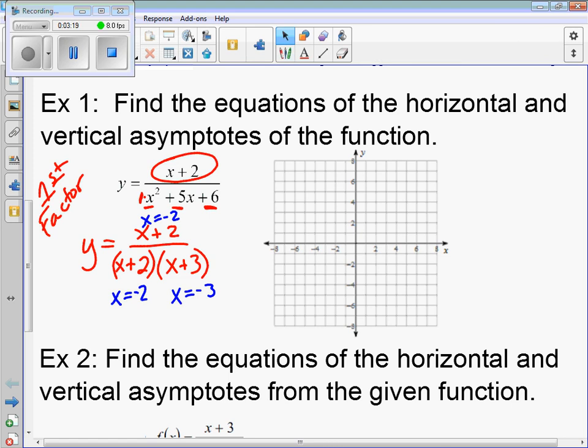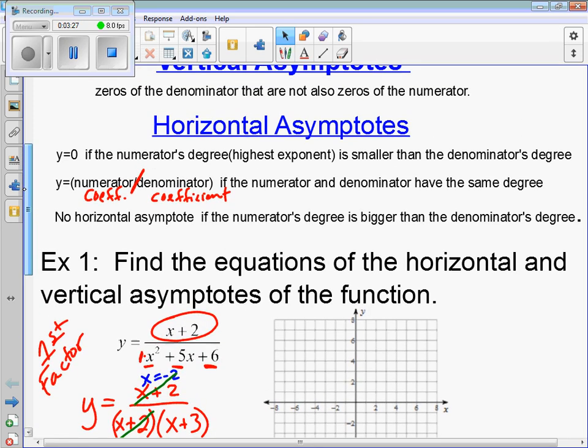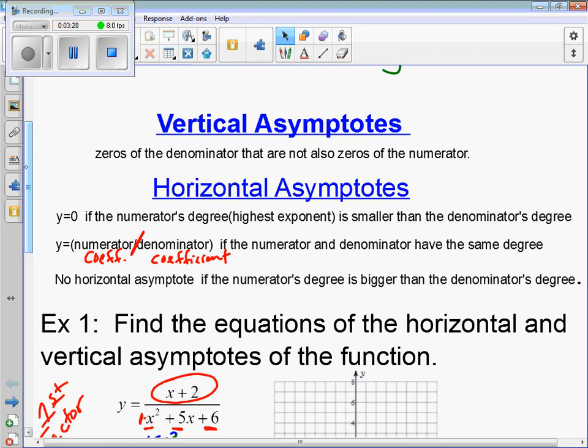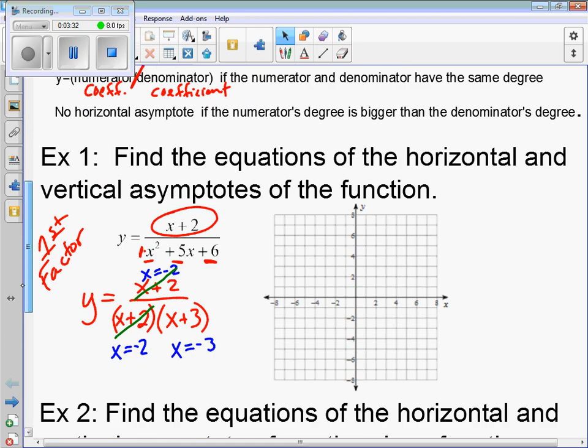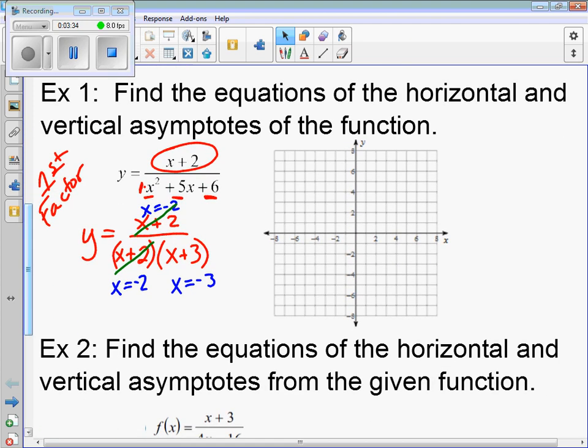The 2's here, these share in common. So when I look back, for a vertical asymptote we have the zeros of the denominator that are not zeros of the numerator. Negative 2 is the zero of the denominator and numerator, so we do not count that as a vertical asymptote. But we do count x equals negative 3. This is a vertical asymptote.